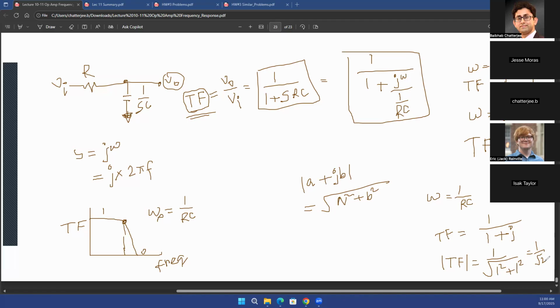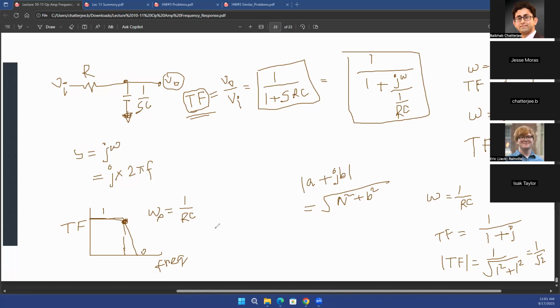Now remember that you have a concept of half power bandwidth. So that omega equal to 1 over RC basically becomes your half power bandwidth, or the bandwidth of this low pass filter. Whenever we talk about bandwidth, we talk about the minus 3 dB point, which is 3 dB below the highest gain. The highest gain in this case was 1. 3 dB below that, you have your half power bandwidth, because 20 log 10 of half is equal to minus 3 dB.